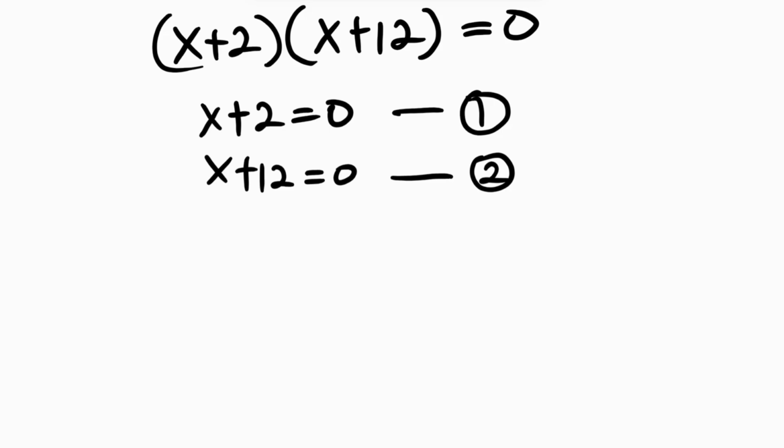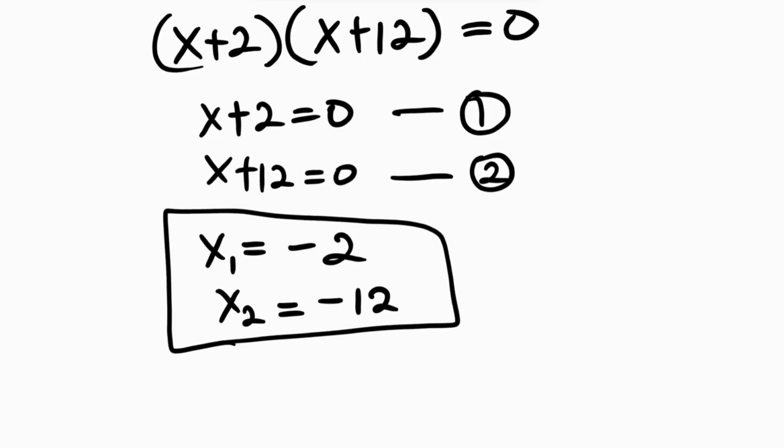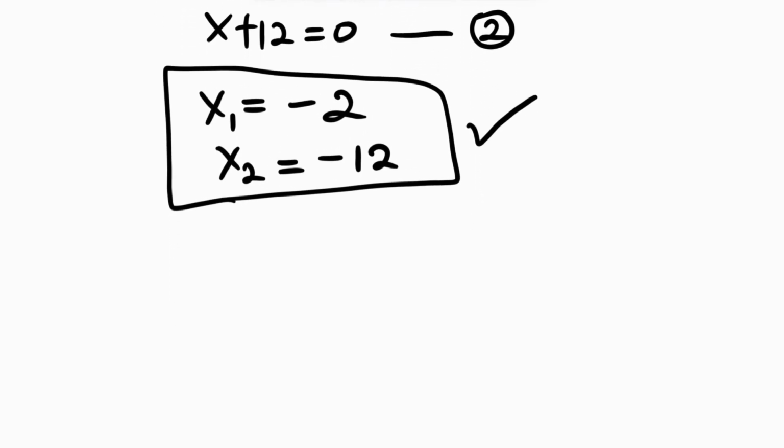Now, x is equal to minus 2, that's your x1, and x2 is equal to minus 12. Same answer as we got with the first method.